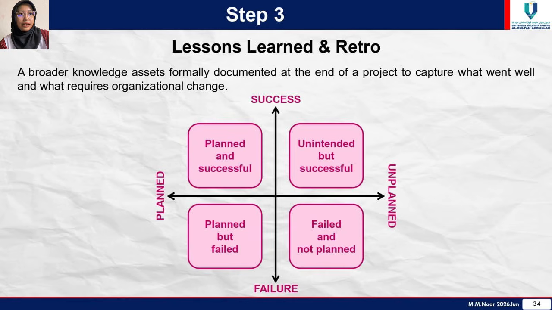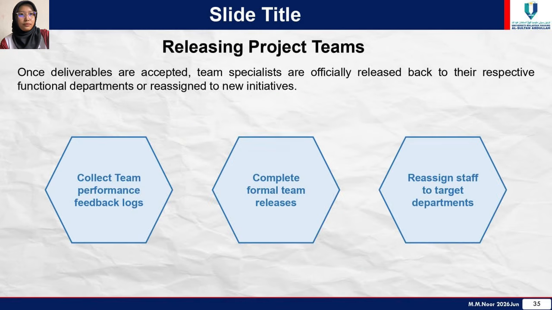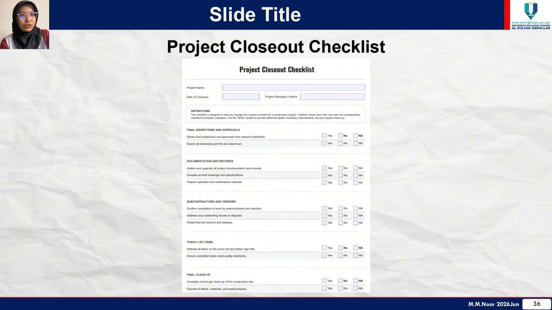We can capture the project from this retro. By releasing project teams, we can collect team performance feedback logs, complete formal team release, and reassign staff to the target department. A project closeout checklist needs to be done for each of the workers.